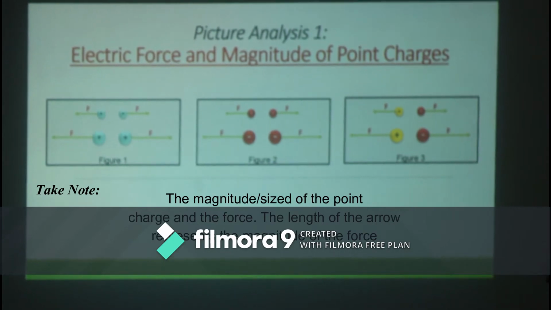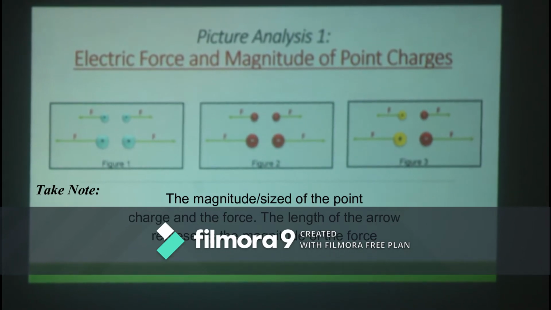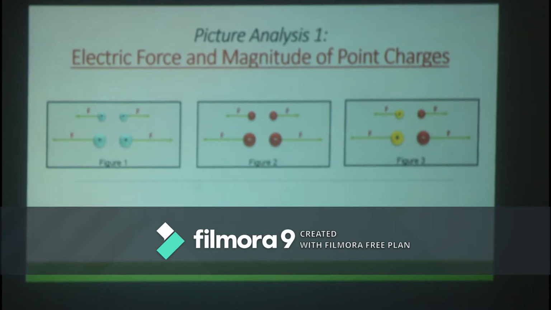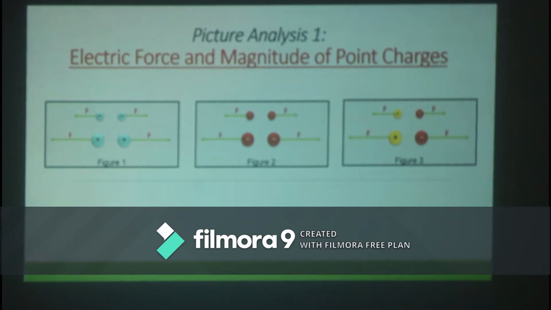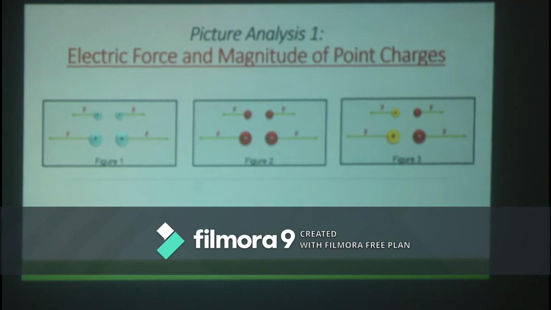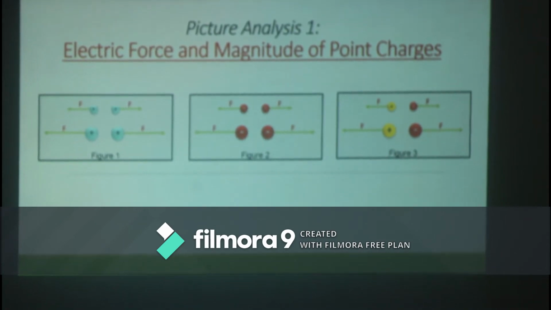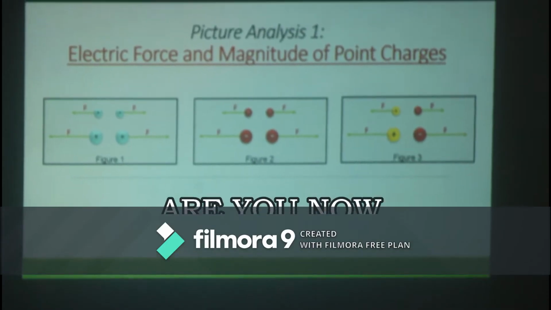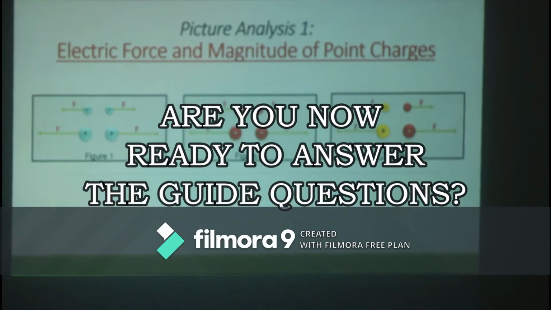The length of the arrow represents the magnitude of the force. Afterwards, you are going to answer the guide questions. Are you now ready to answer the 3 guide questions?